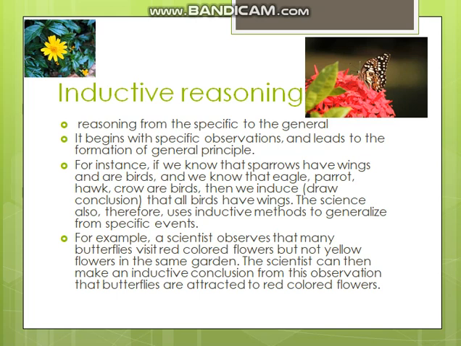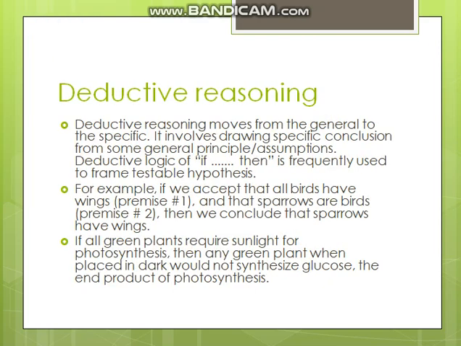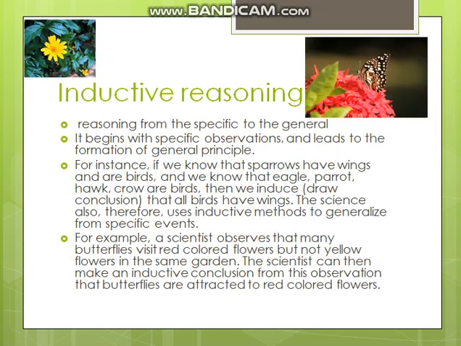Like in the previous one, the deductive reasoning, let me show you that again. We just chose a generalized idea, like the first example that you can see here, that all birds have wings. Then sparrows are birds. But inductive is kind of like the opposite, not exactly the opposite, but it just states the specific thing first and then the general thing.